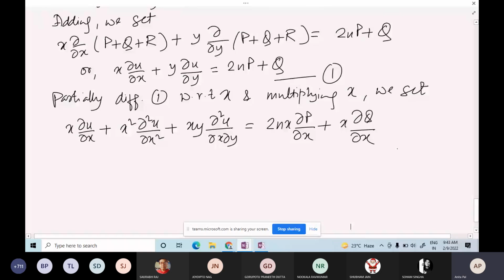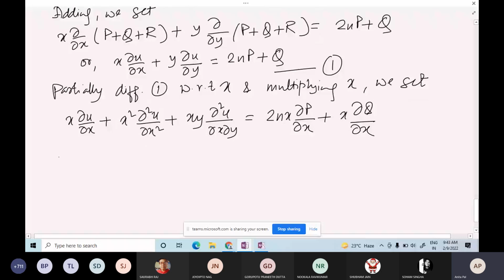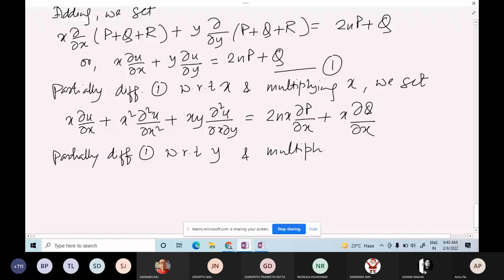Again we'll differentiate equation number 1 partially with respect to y and multiply by y.